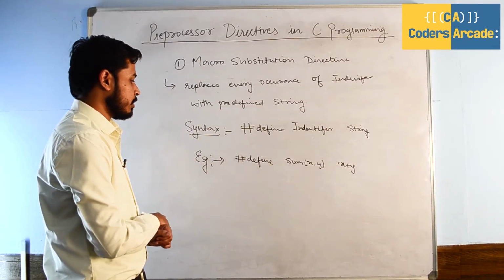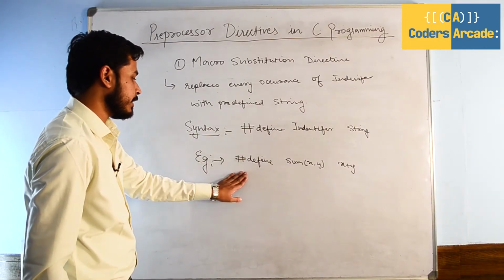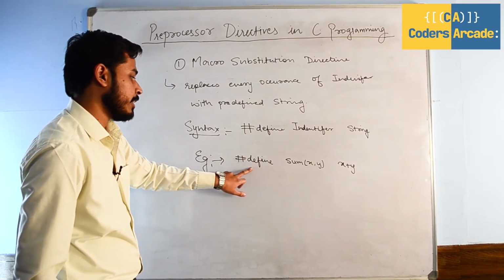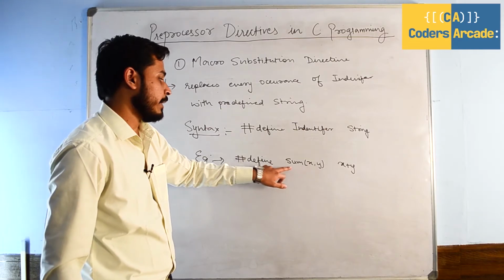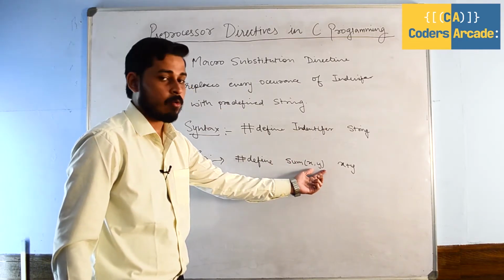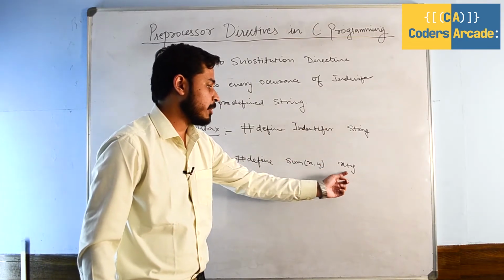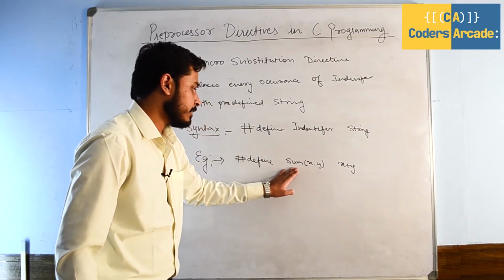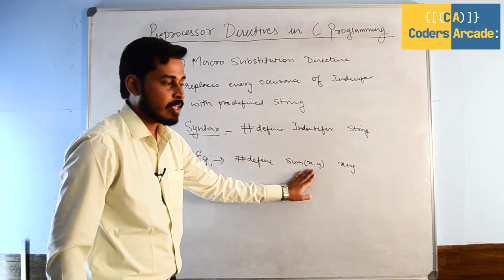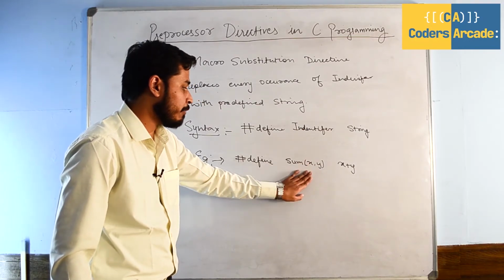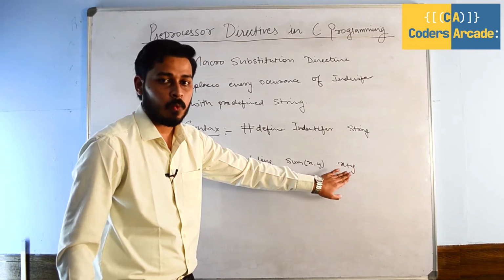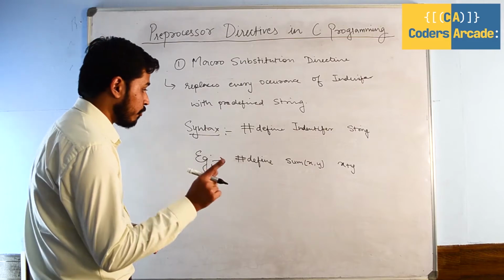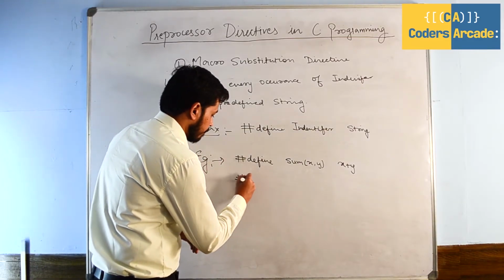Now here, what is happening, I have written #define. So using #define, I'm defining a macro, and this is the identifier. SUM(x, y) is replaced by x + y. So wherever in our program, down in the program, wherever there is SUM(x, y), that will be replaced with x + y. Let us see this with an example, but before that, I'll give you one more example.